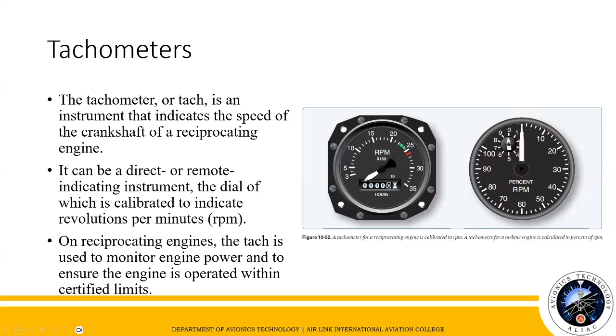Yung dial is calibrated in revolutions per minute or RPM. Sa mga reciprocating engines, yung mga TACH is used to monitor the engine power and ensure the engine is operated within the certified limits. May limitation din. So, hindi laging puro mabilis yung ikot ng makina. Lagi din tinitignan.